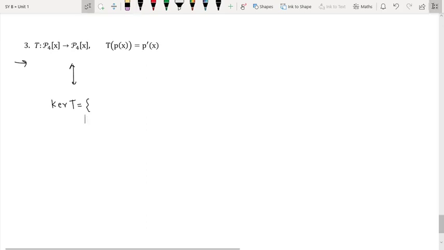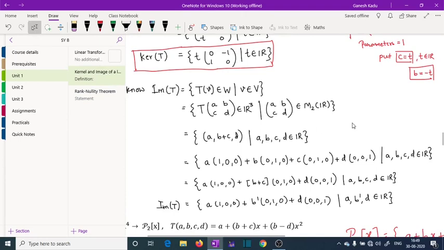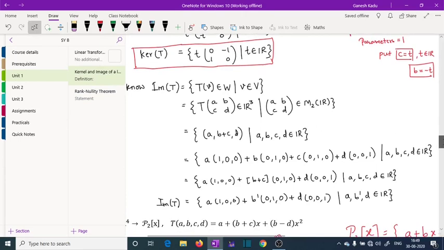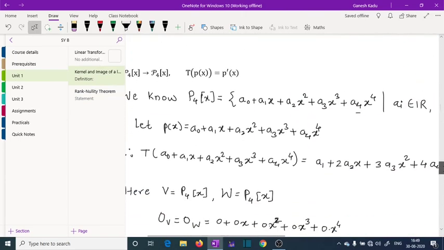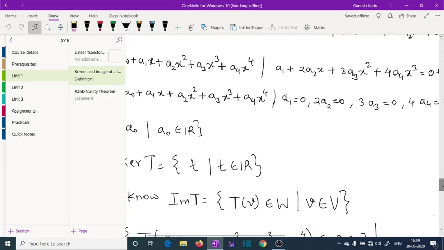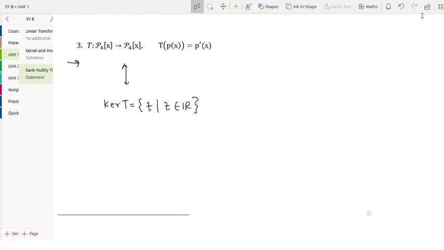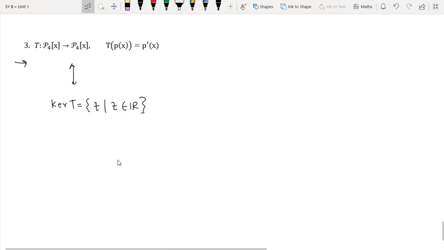It comes from here. It is simply the set of t such that t belongs to R. Now try to understand what V and W are in this case. I'll write it here.